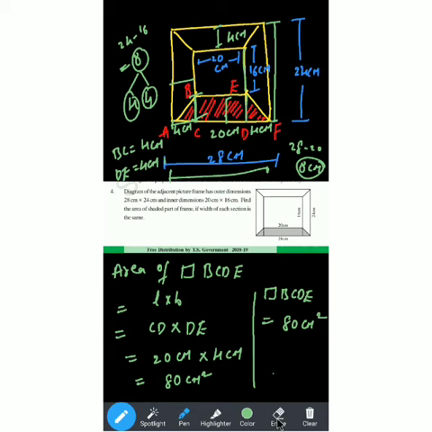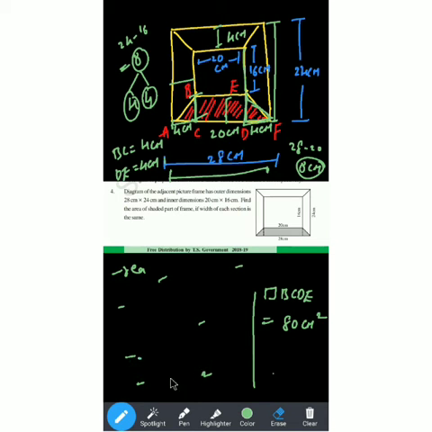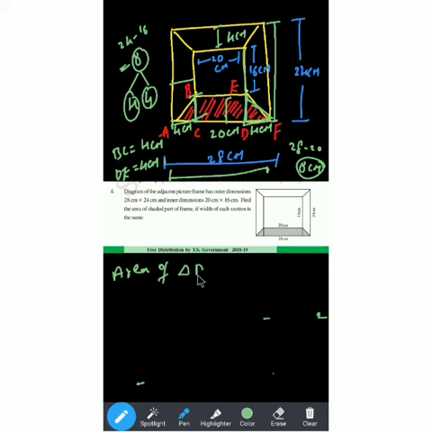Next, what is the remaining portion to find the area? The area of triangle DEF is equal to half into base into height.